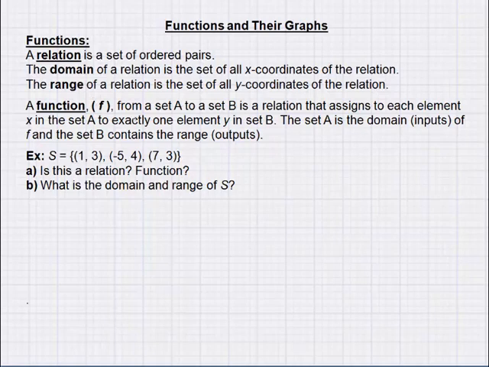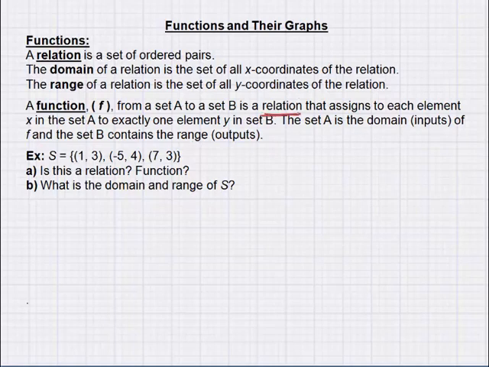So first, the definition. A function from set A to set B is a relation that assigns each element x in the set A to exactly one element y in set B. The set A is considered to be the domain, and the set B is considered to be the range. You read that, it might not make a whole lot of sense, but one thing you need to get out of it is that a function is a type of relation.